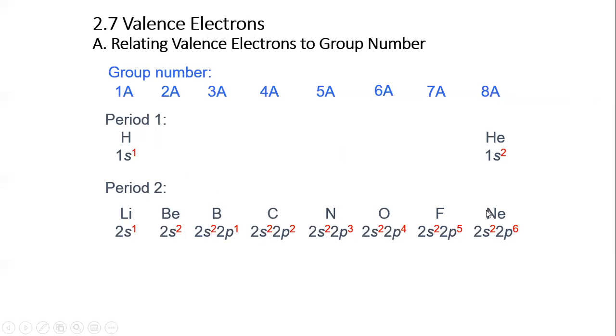And later on, when we talk about ions, the ions like to gain or lose electrons in order to have 8 valence electrons. For example, fluorine likes to gain 1 electron to become like neon. So fluorine likes to have a -1 charge, whereas lithium likes to lose its valence electron to have a +1 charge.